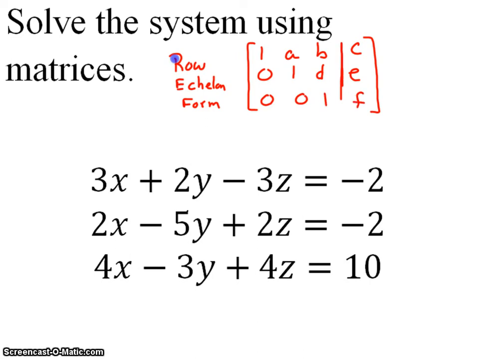Now I'm just using letters A, B, C, D, E, and F to indicate real numbers. They could represent any numbers. But the diagonals must be all ones.